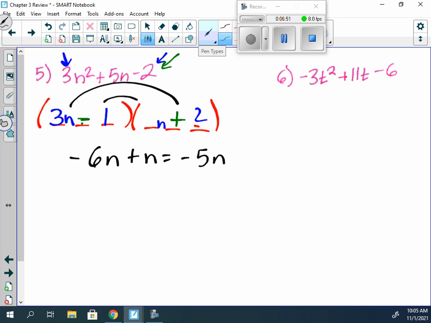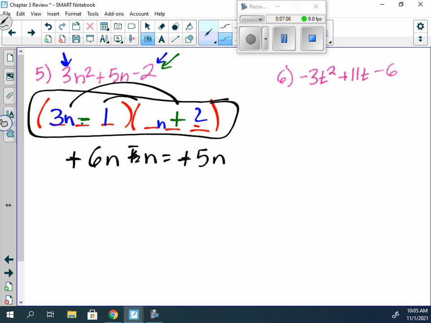Because when we do that, 3n times 2 is going to be plus 6n. Negative 1 times n will be negative n, which would give us a positive 5n, which we do want. So those would be the correct factors. Any other questions on 5 or 6?